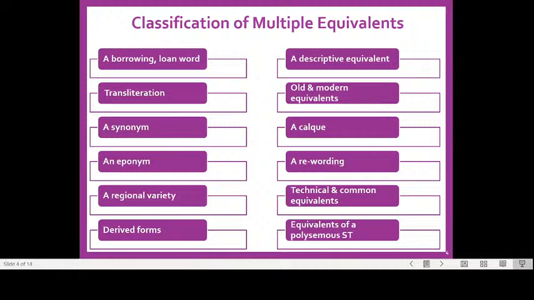In order to analyze the types of multiple equivalents given to a particular medical term, I made a list of all types of equivalents. So here we have a classification of the multiple equivalents.